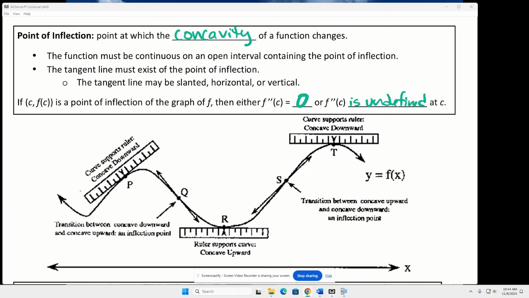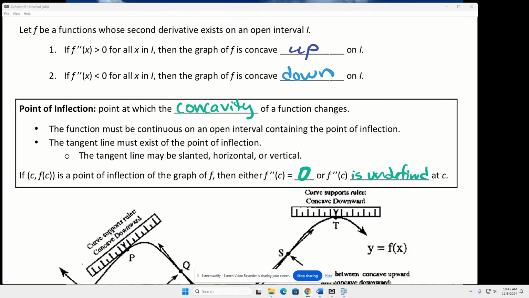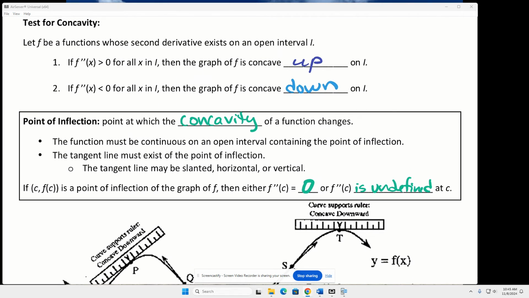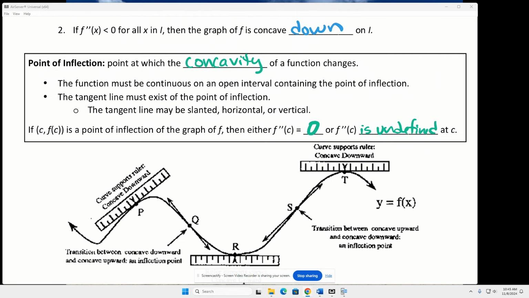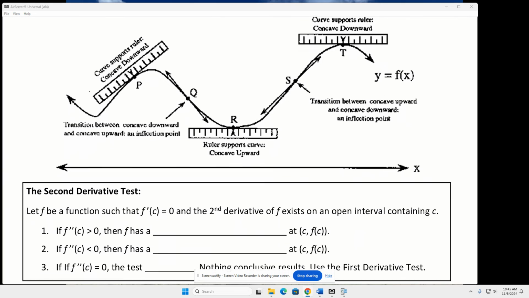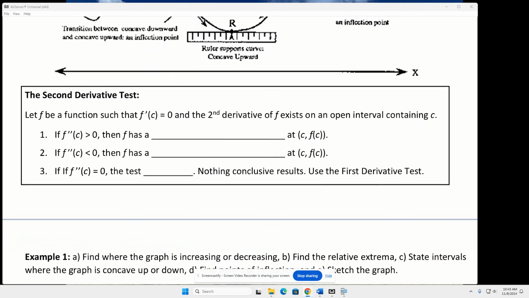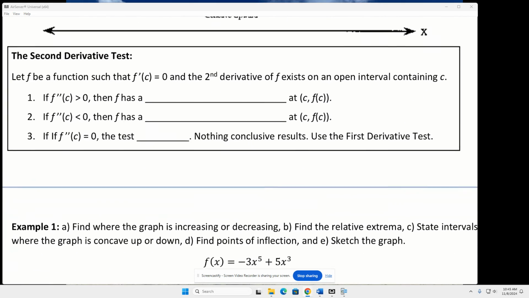All right, and so if we're checking for points of inflection, I don't have that up here, but the second derivative will change sign. So the second derivative will change from positive to negative, or negative to positive, and we'll practice that on the back. I know this is a lot of information. Hopefully some of it sounds a little familiar because of what you learned in pre-calculus last year.